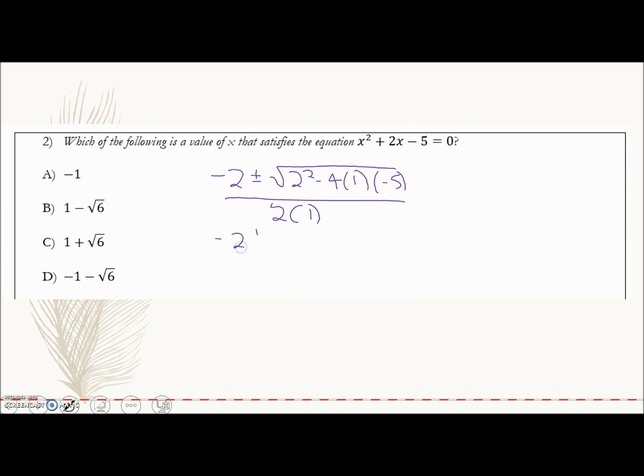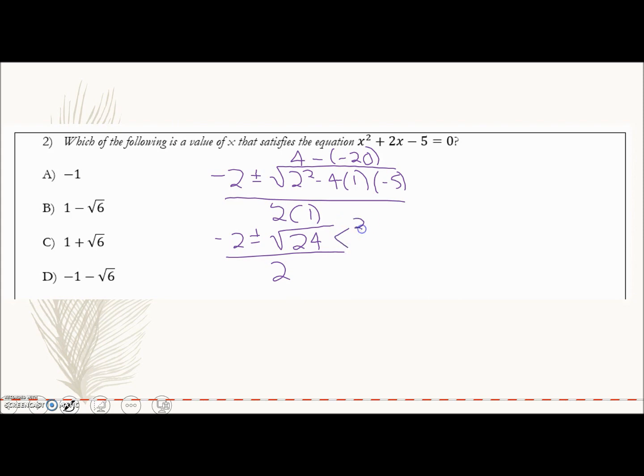So then that gets me -2 plus or minus, so that's 4, 2 squared, minus 4 times 1 times -5 is -20. So really underneath that radical, that's going to be 24 all over 2. So that still doesn't look like an answer, so what you need to do is break down the 24 and find doubles.